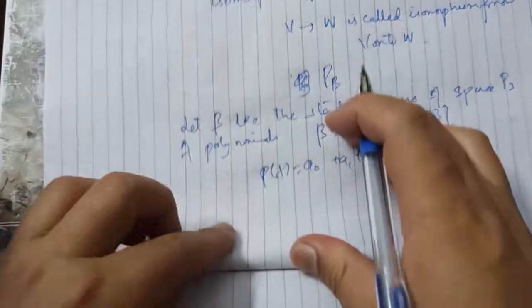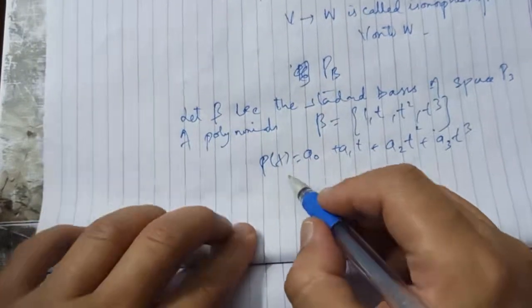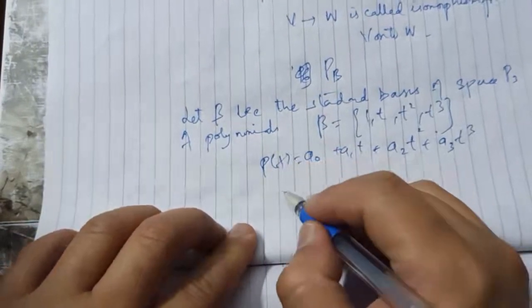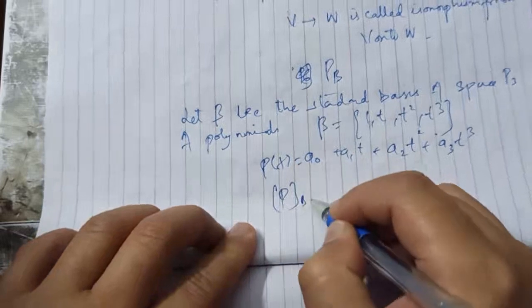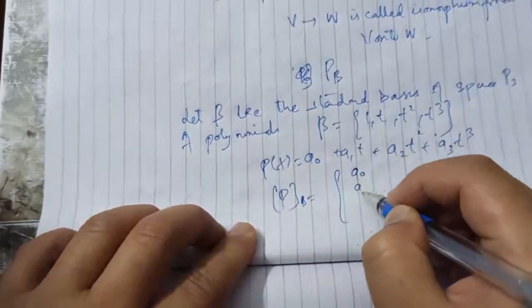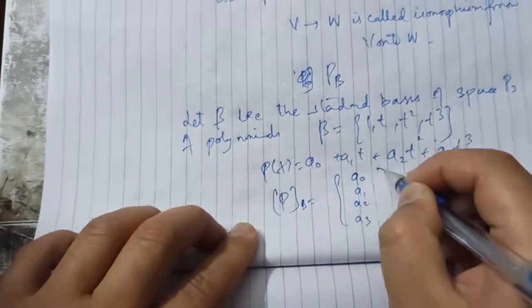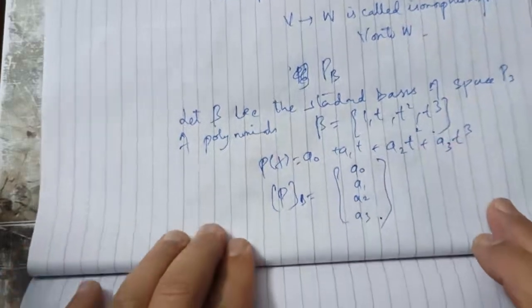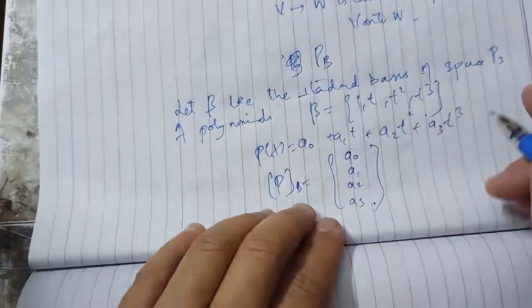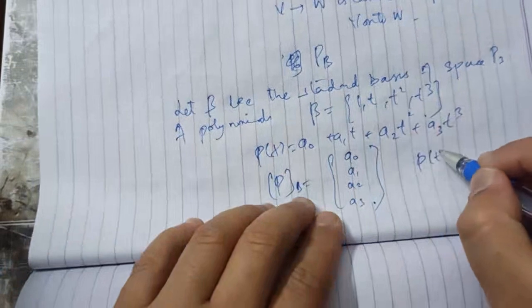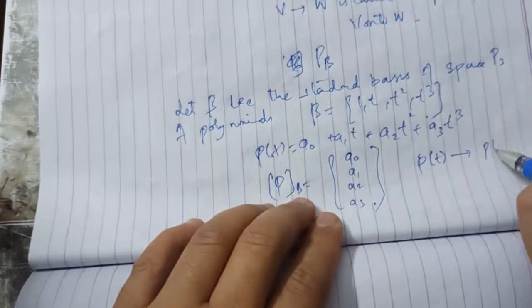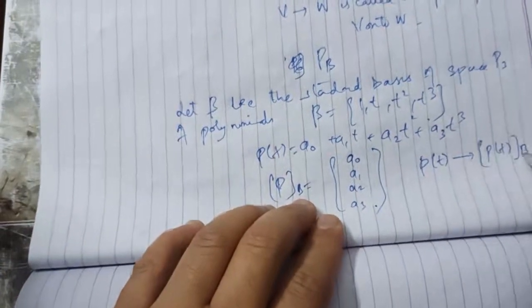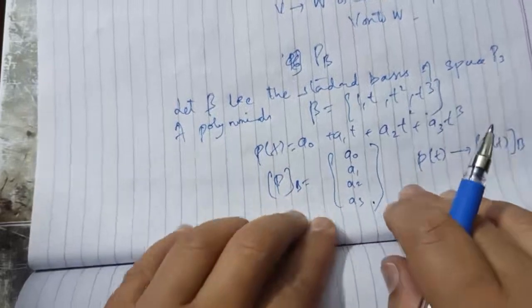So it means this P of t relative to B can be written as nothing but a0, a1, a2 and a3. Now you can see here the coordinate mapping is from P of t to P of t in B, with respect to beta, right?